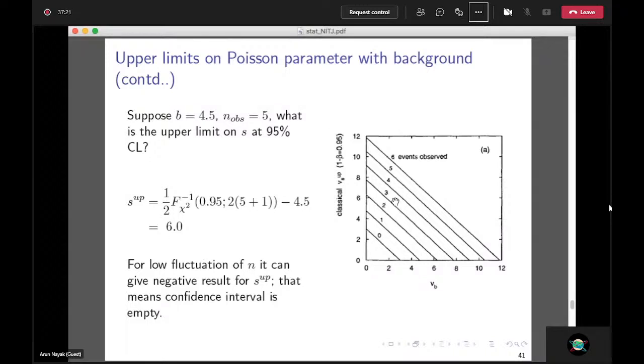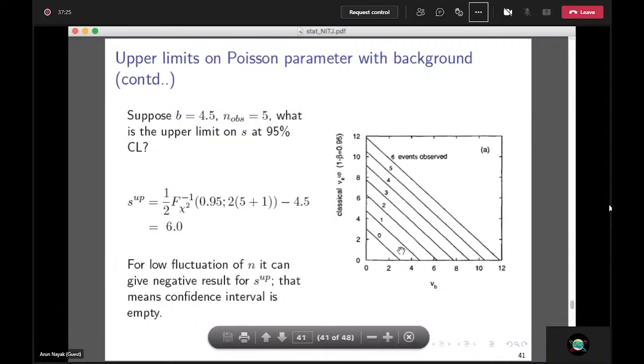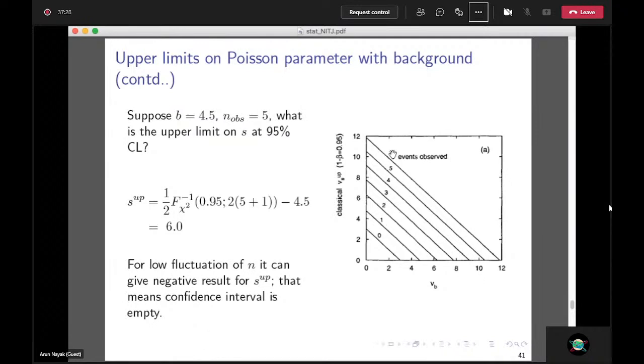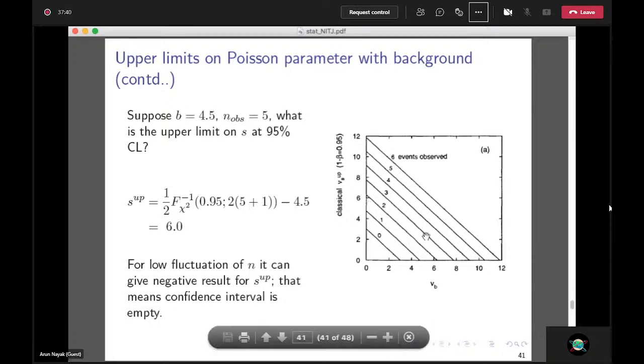This picture, using these numbers, gives for each background value, with a corresponding observed number of events, the upper limit on S. You can see the upper limit for each background goes like this.